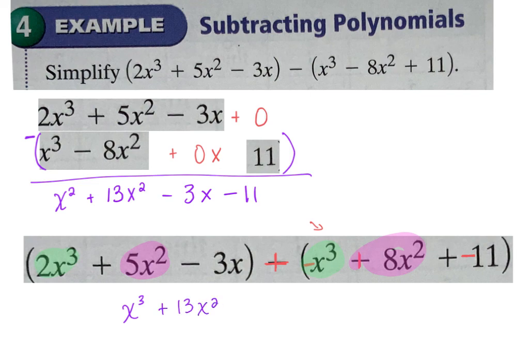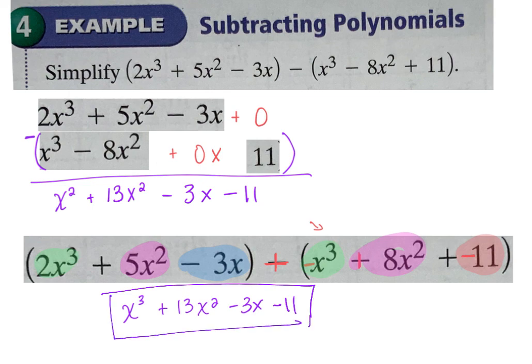For my negative 3x, I have nothing to combine it to. So that's just going to stay a negative 3x. And then I have a negative 11 with nothing to combine it to, and that is going to stay a negative 11. And so either way, you get the same exact answer.